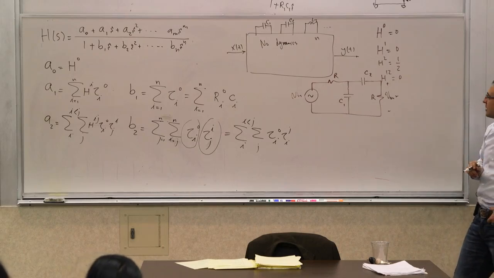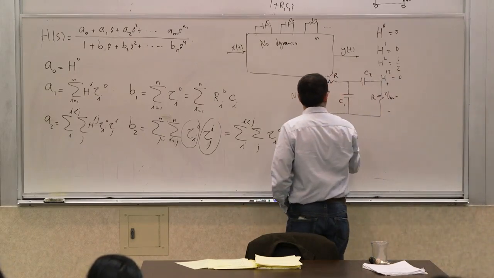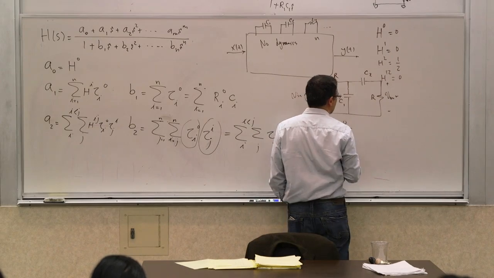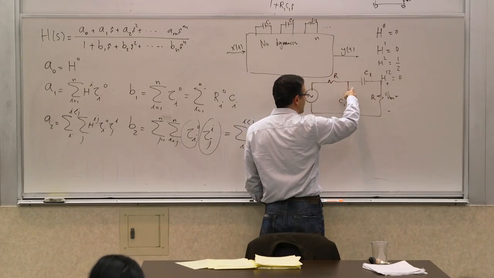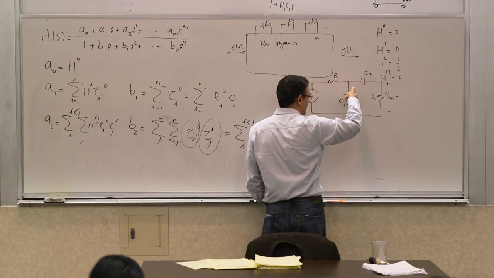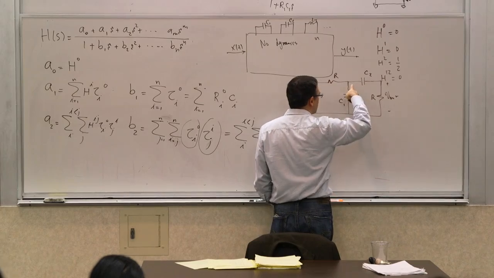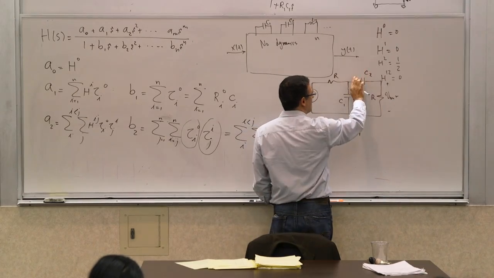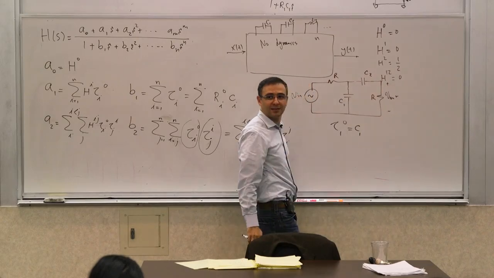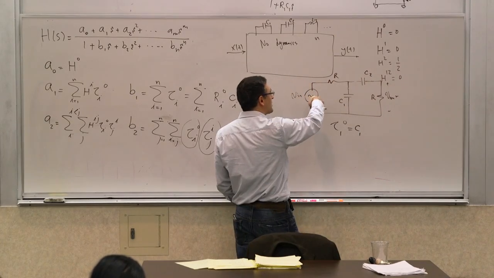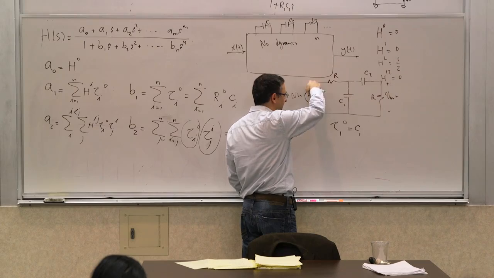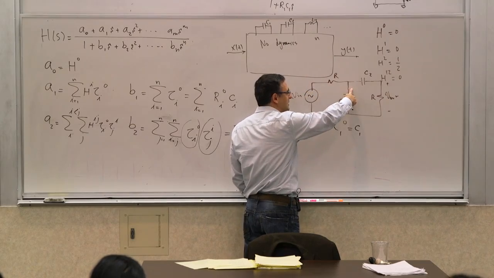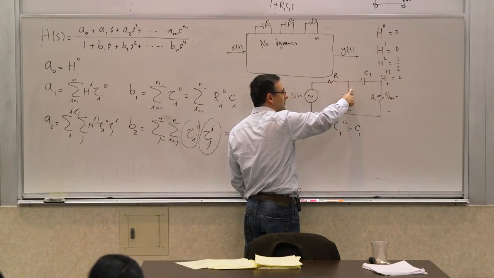Let's calculate the time constants. What is tau 1,0? Tau 1,0 is basically determined by this capacitance times the resistance seen by it when the other elements are zero valued. When this is zero valued, it's open, so this side doesn't matter. And all the sources are nulled, which basically means that this is shorted. So what is the resistance seen across here when this is open and this is shorted?